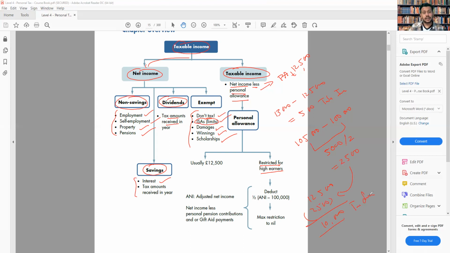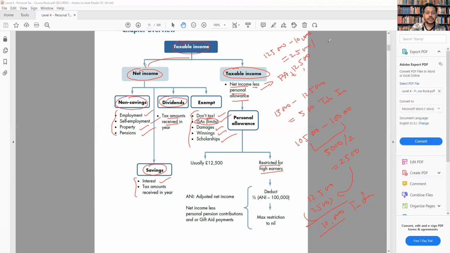So after 100,000, it will be reduced by half. Now, if someone's income is 125,000, you will see he will have no personal allowance left, because if I minus 100,000, the difference will be 25,000.